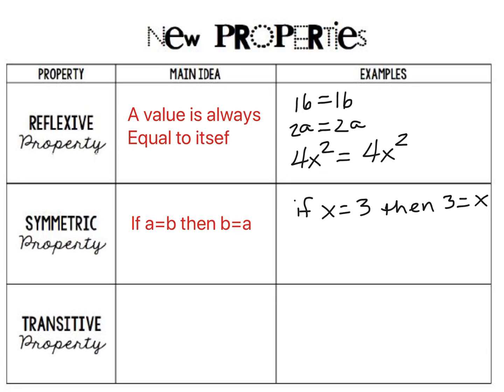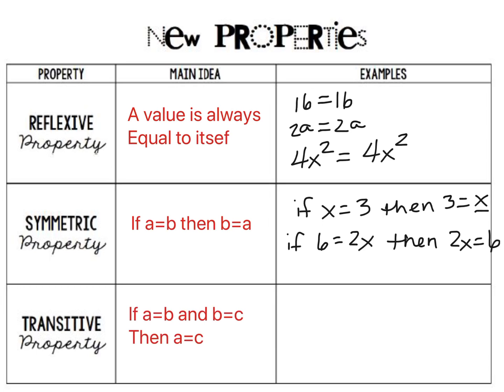It's just writing it in the reverse order, which we're going to use a lot when we're solving equations if we end up with our variable term on the right-hand side like we did right there. Okay? All right. You can also use it before the variable is completely isolated. So if I have 6 equals 2x, then I can say 2x equals 6, and that just helps me get my variable back onto the left.